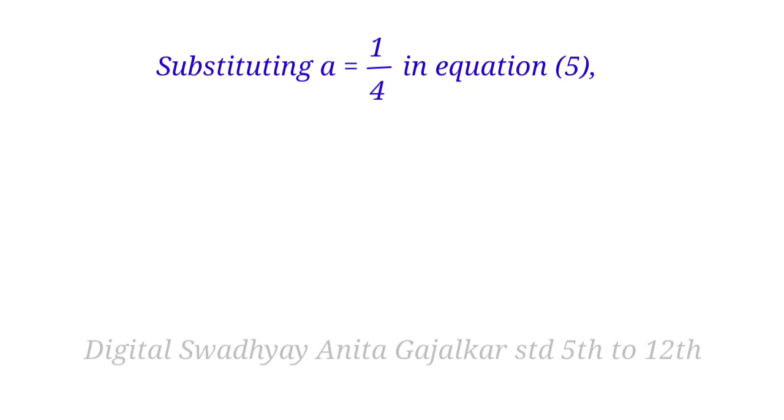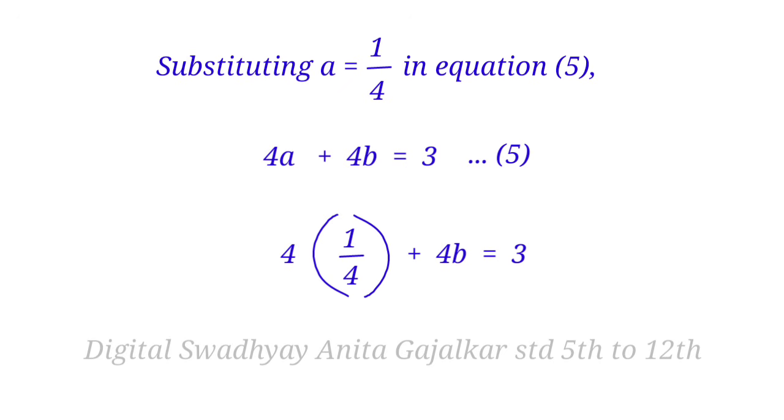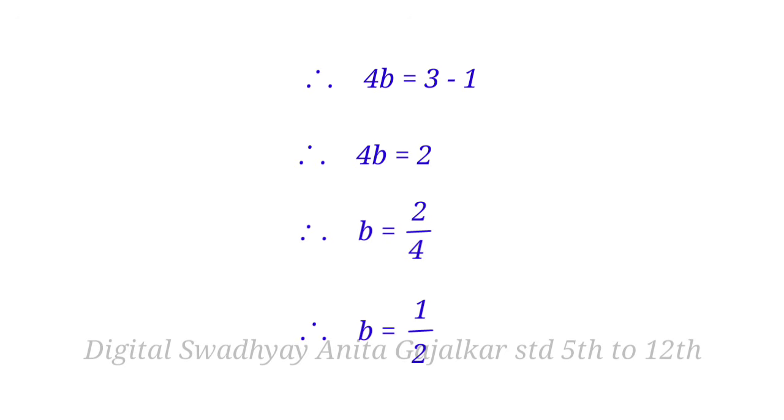Substituting a equal to 1 by 4 in equation 5, equation 5 is 4a plus 4b equal to 3. 4 in bracket 1 by 4 plus 4b equal to 3. Therefore, 1 plus 4b equal to 3. Therefore, 4b equal to 3 minus 1. Therefore, 4b equal to 2. Therefore, b equal to 2 by 4. Therefore, b equal to 1 by 2.